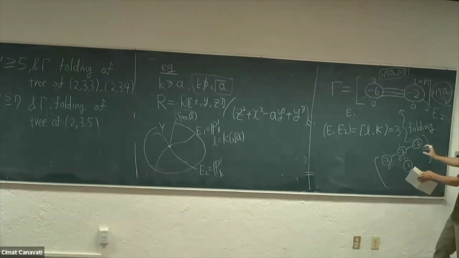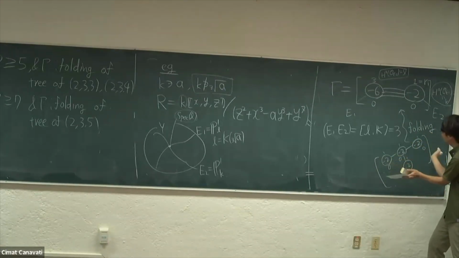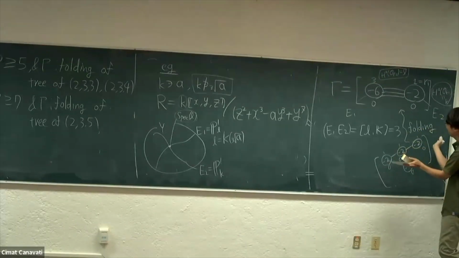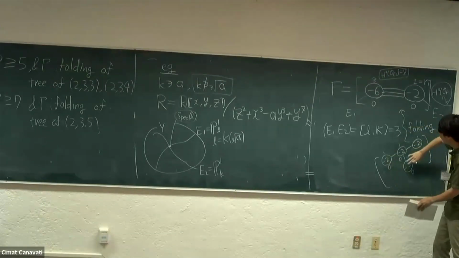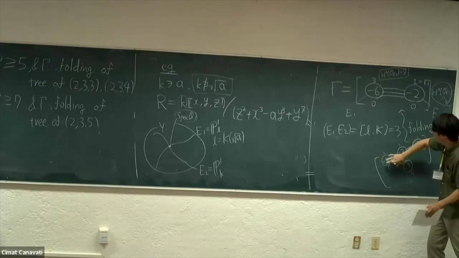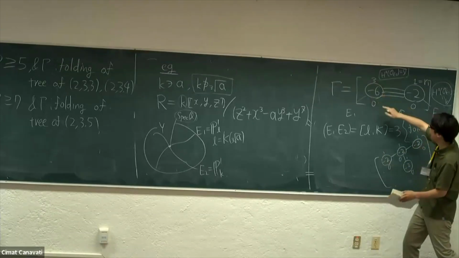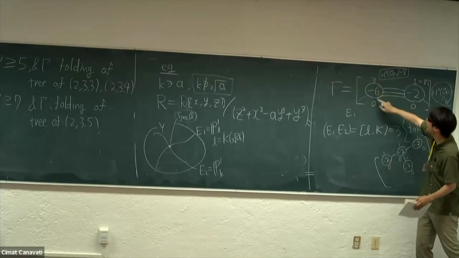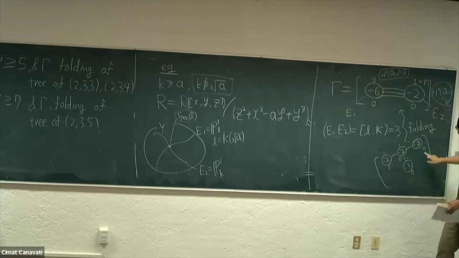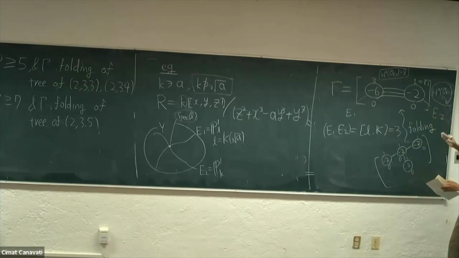Folding means we fold some part of them. So in this example, we fold these three vertices to here, and the weight becomes the summation of these and this. You don't have to consider the rest. Okay, so this is an example of folding.